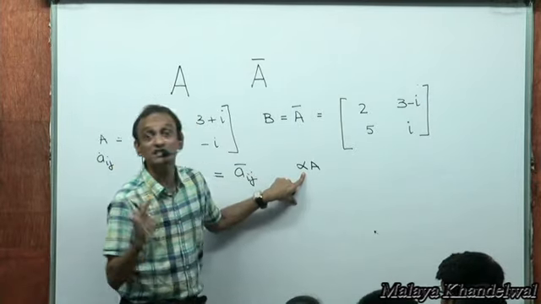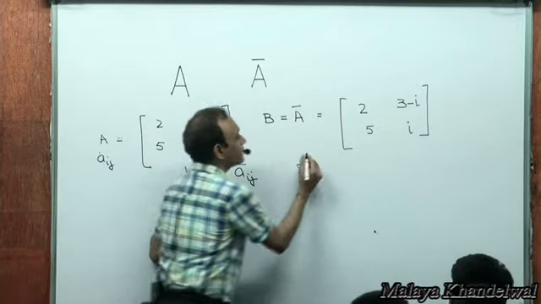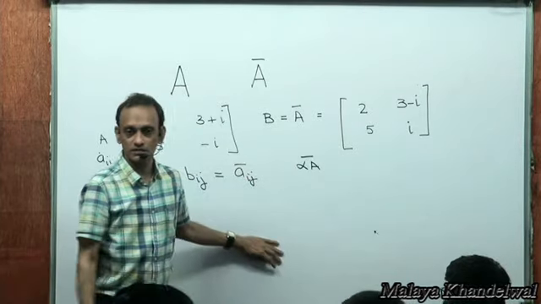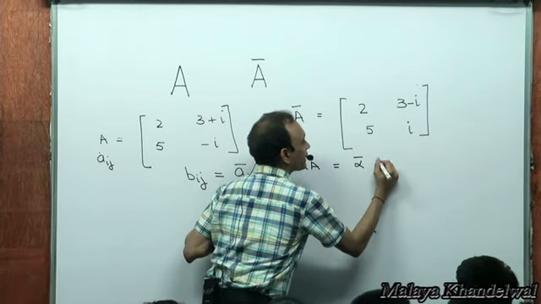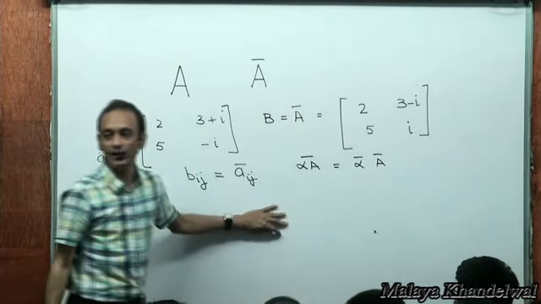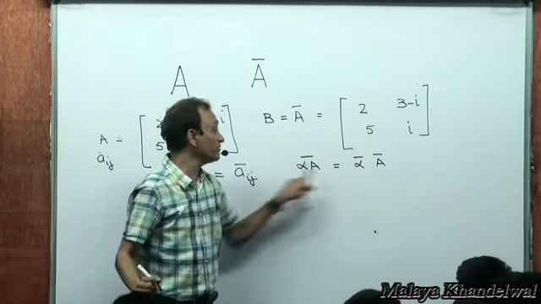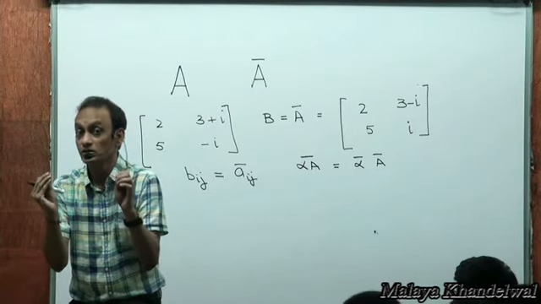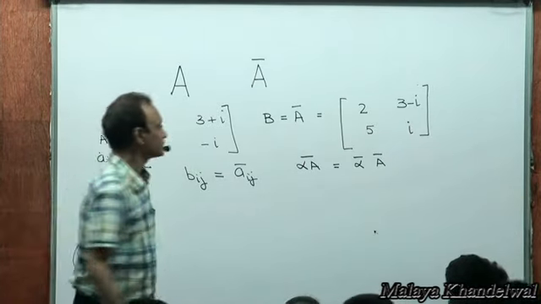Alpha is a scalar, any number, real or complex. If I take the conjugate of alpha A, that's alpha bar times A bar.